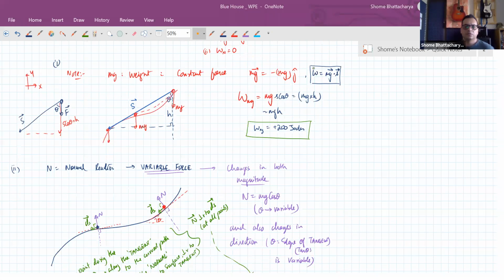Not all the questions of H.C. Verma yet because we have to learn about the relationship between work and kinetic energy, that is called the work kinetic energy theorem. Then we also have to discuss potential energy. By the time we discuss these two things, then you can solve all the questions in H.C. Verma. But the beginning few questions I will send you a list, you can solve by just using the definition of work done and the formulae that we have discussed today.